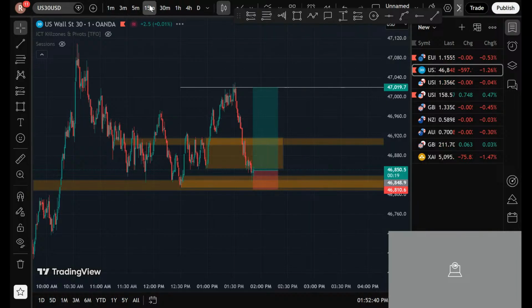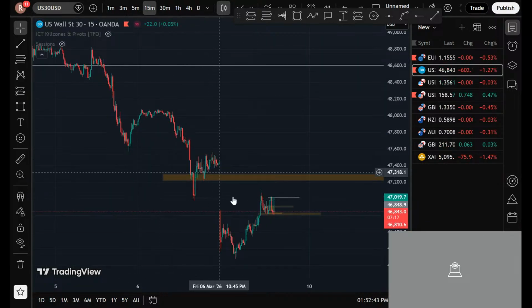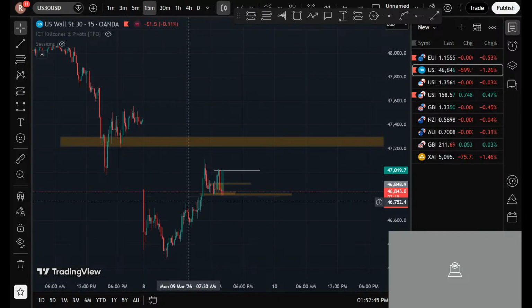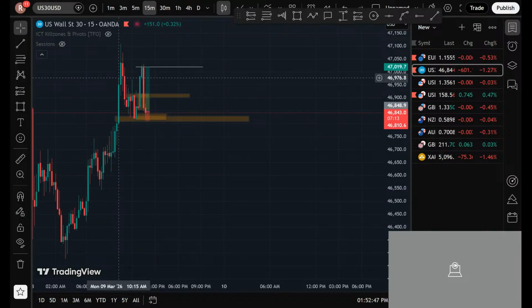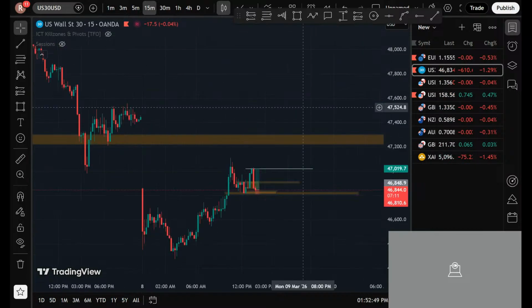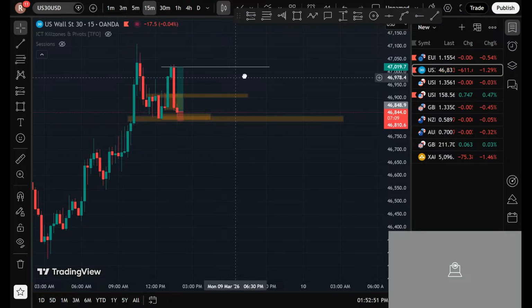Let me just analyze it properly. Sellers, buyers, sellers, yes, buyers, sellers, buyers are kind of strong. Sellers are.